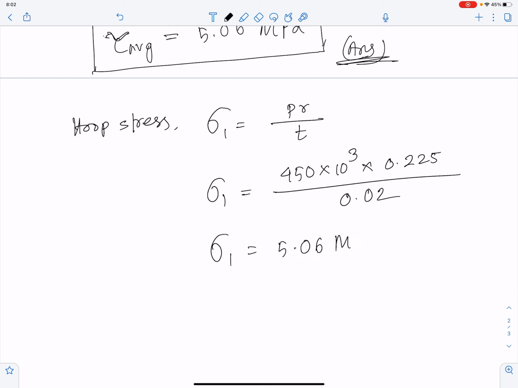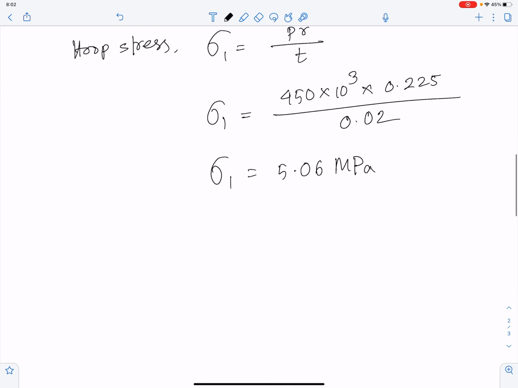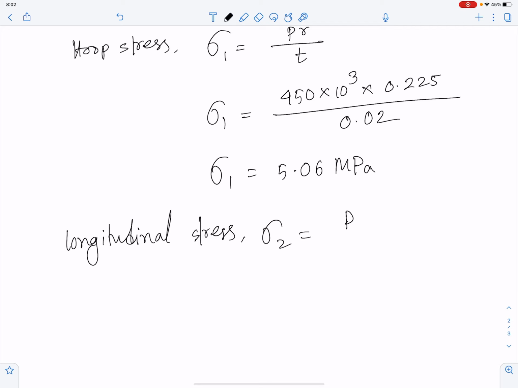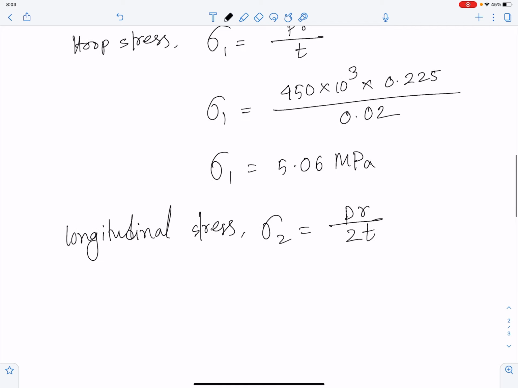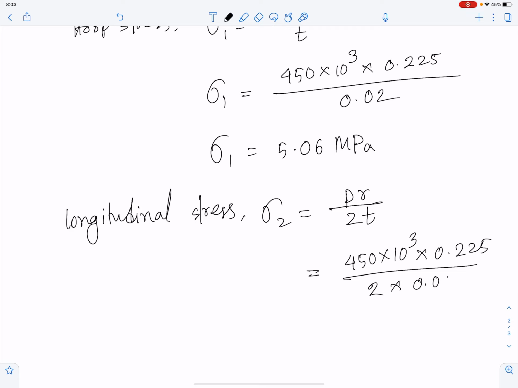If we solve this for sigma 1, we'll get 5.06 megapascal as well. And then we know the formula for longitudinal stress, sigma 2, which is PR divided by 2t, which is 450 times 10 to the power 3 times 0.225, over 2 times the wall thickness, which is 0.02.